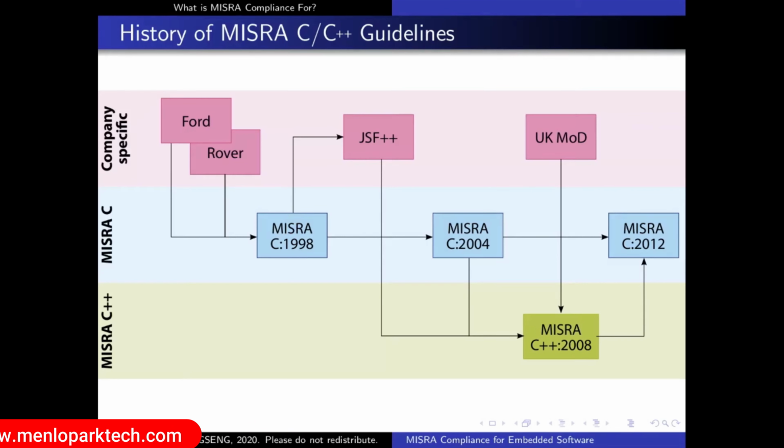In the beginning, we had Ford and Rover that were working at their own internal coding standards for C. They joined forces in the setting of the MISRA project, and in 1998, they published the first edition of the MISRA C coding standard. And as you can see from the picture, the MISRA C coding standard has influenced almost all coding standards that have been proposed for C and C++ afterwards.